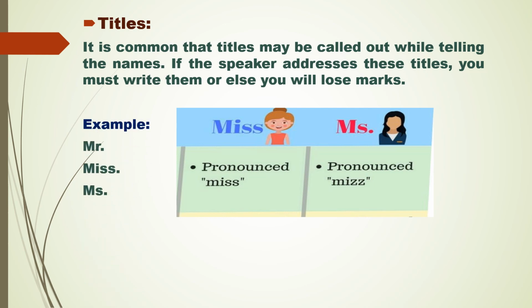So you must write the title if the speaker in the recording says, my name is Mr. Parker, my name is Ms. Parker. If it is not said by the speaker, then do not write it. Just write the name, Peter Parker. But if he or she is saying Mr. or Miss, then you need to write that.